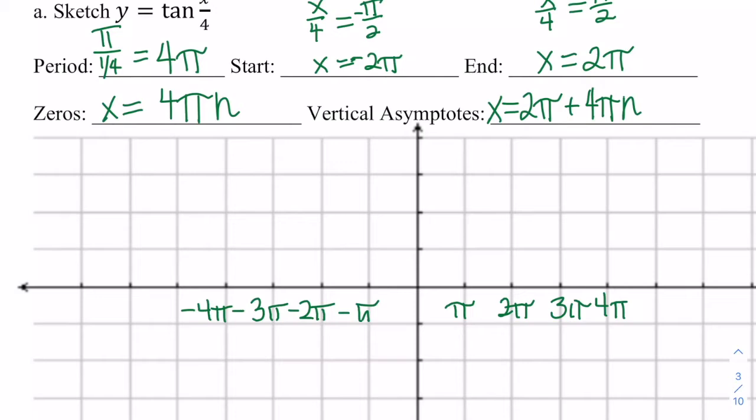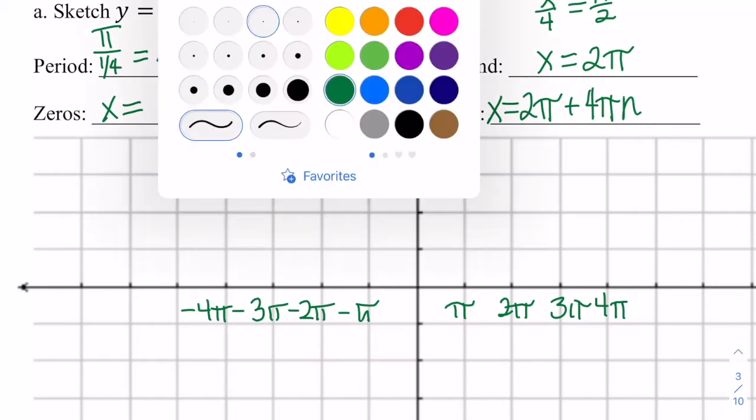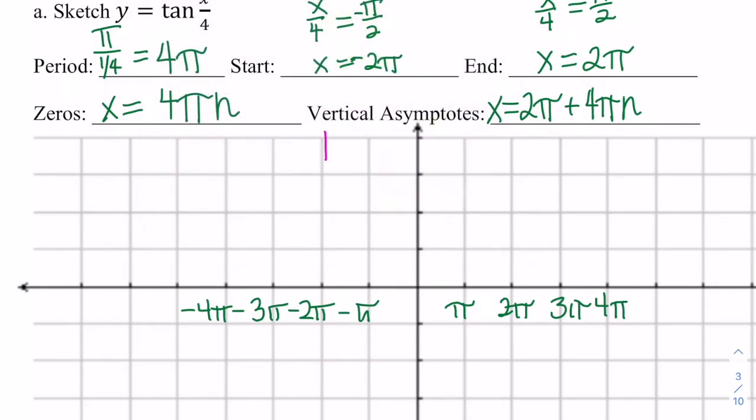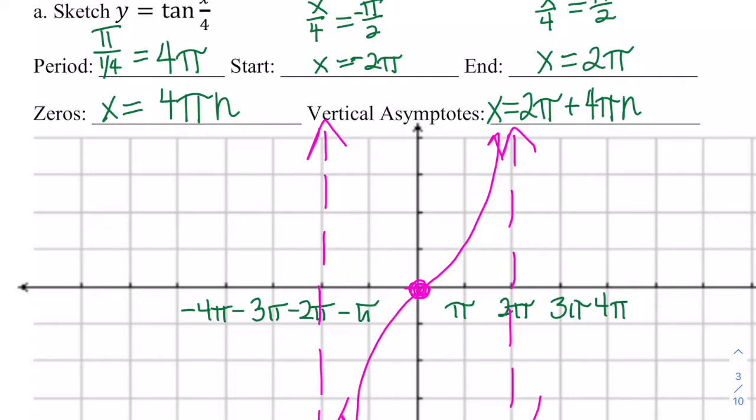So we know that we're going to have an asymptote at -2 pi, at 2 pi, the origin 0, 0 is going to be an intercept, or zero, and we know it's going to be increasing as it approaches 2 pi and decreasing as it approaches -2 pi.